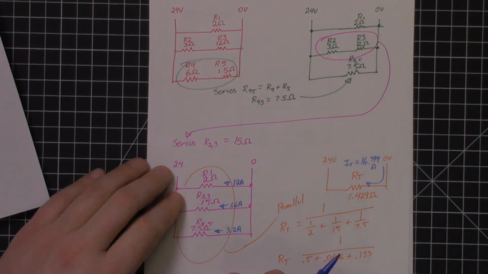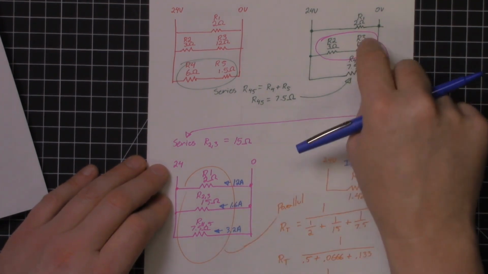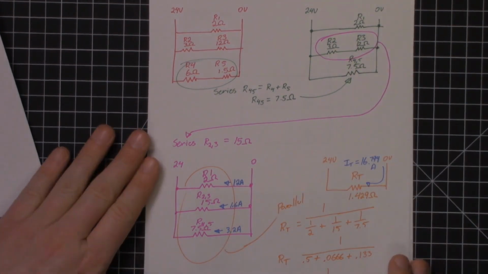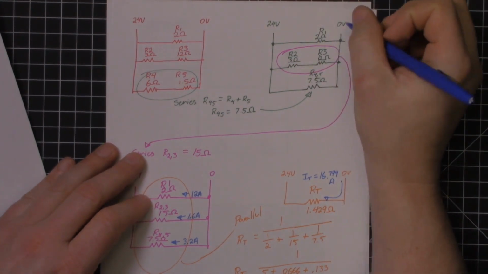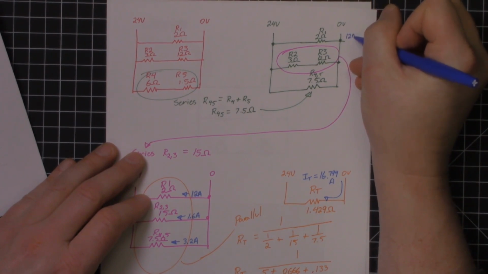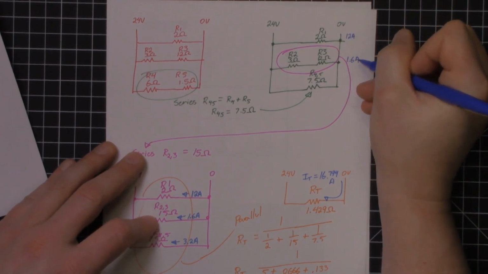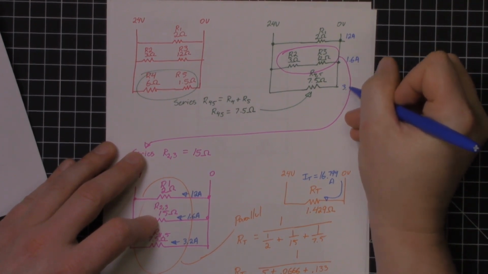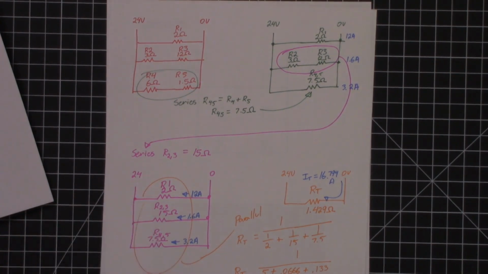Now we're just going to take all those amp values and push them up to the other circuit. So we'll go up here. This was 12 amps in this branch, 1.6 amps in that branch, and 3.2 amps in that last branch.